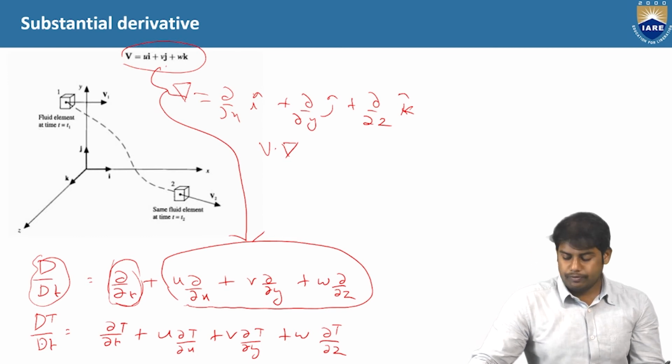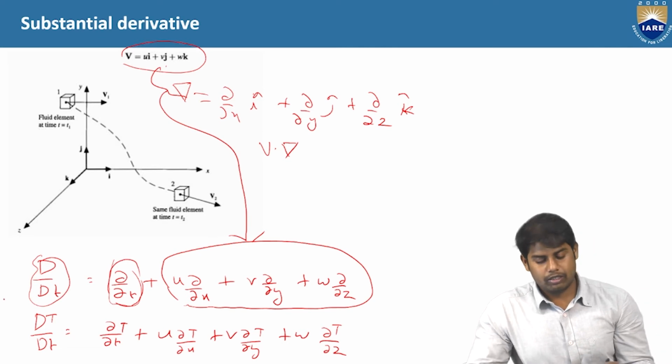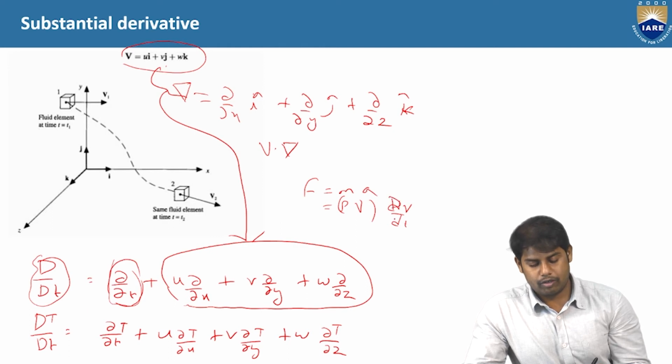Why were we using this? In the momentum equation, let's say you have F equals ma. What is m? Mass, which is equal to density into volume. A is nothing but the acceleration, which is dV/dt, so we can write it as a material derivative.